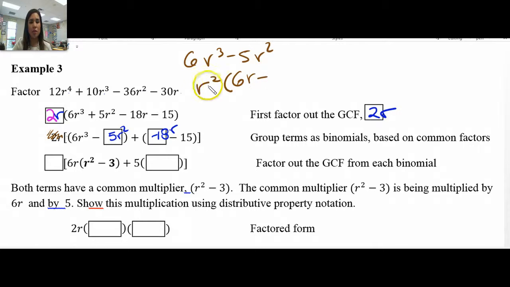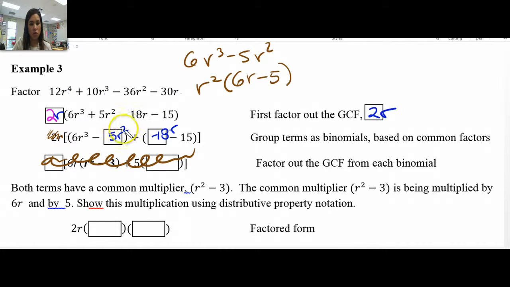And then I put minus, well, r squared times minus 5 would give me negative 5r squared. So that's what I'm left with here. Now, so that's what they have here. They have r squared times 6r times, oh wait, oh, they did it differently. That's okay. Let's go ahead and continue this and see if it works.